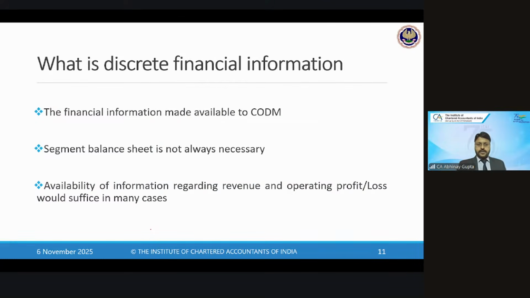Okay, what is the discrete financial information? The standard gives some guidance on this as well, so that we don't get confused. It is the financial information which is made available to the CODM for their review. A balance sheet is not always necessary.